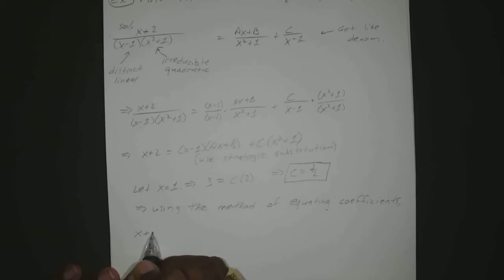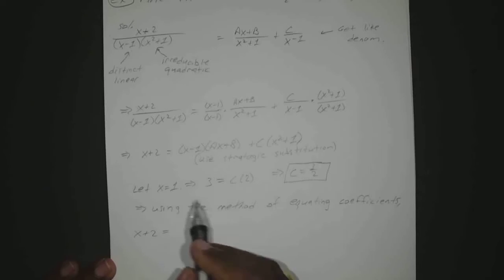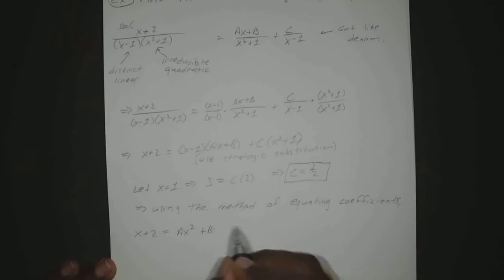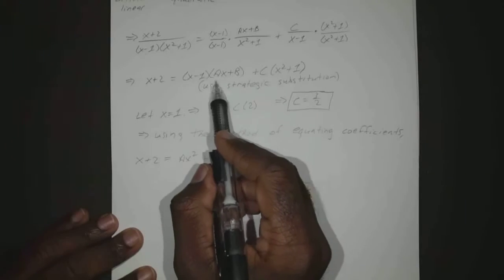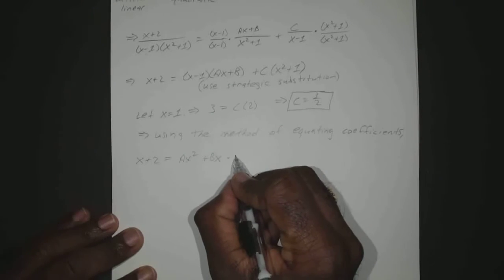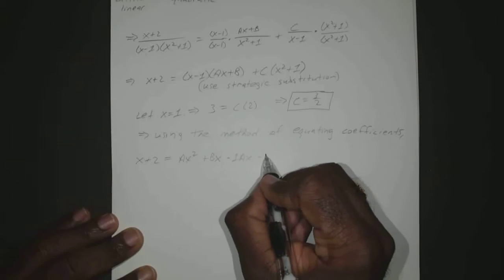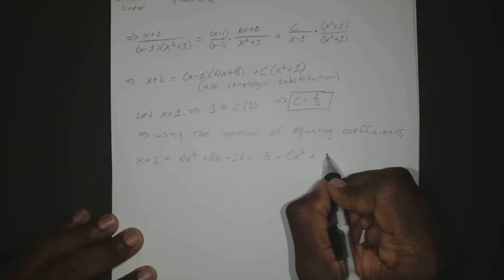It gives us x plus 2 equals, we can go ahead and FOIL that one out. You have ax squared. Your outer is plus bx. Your inner is minus ax. And your last is minus b. Plus cx squared plus c.